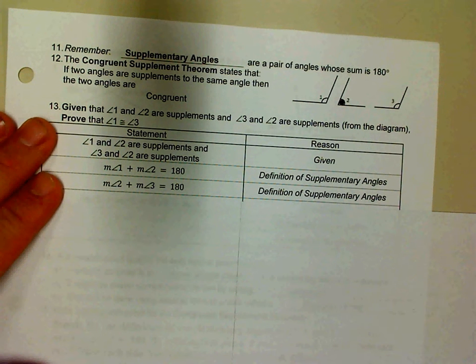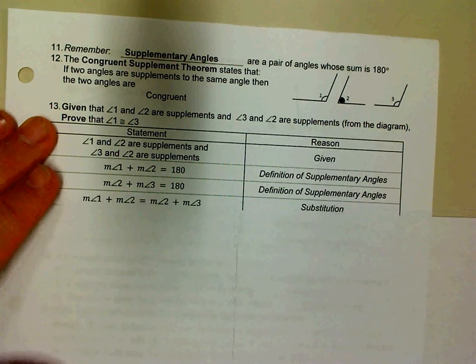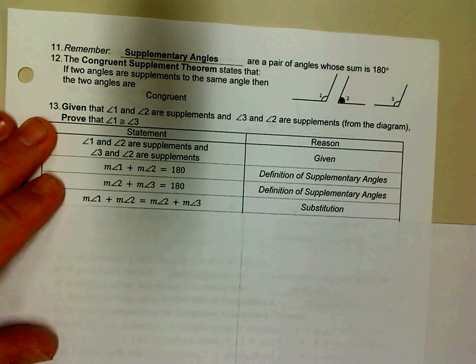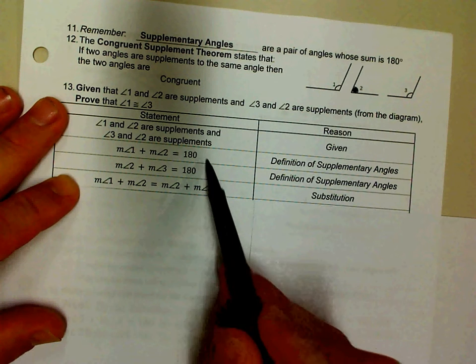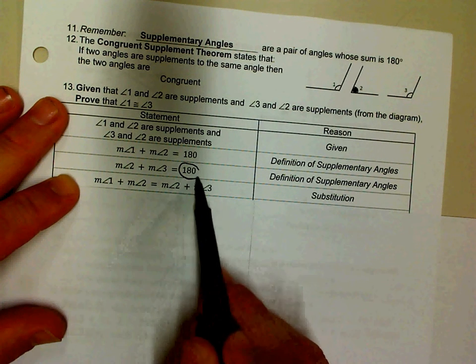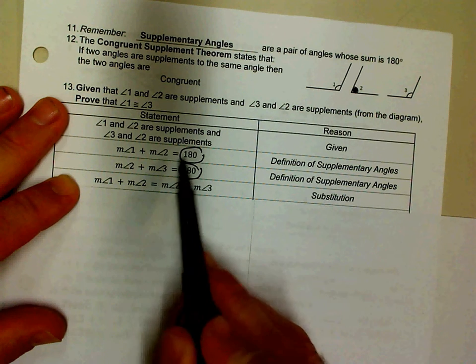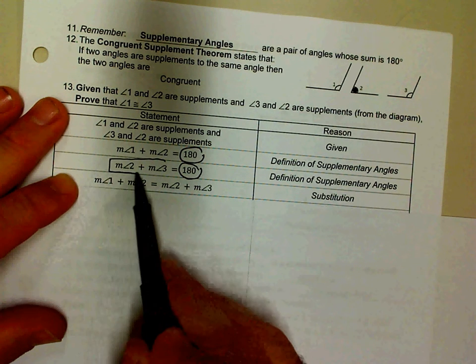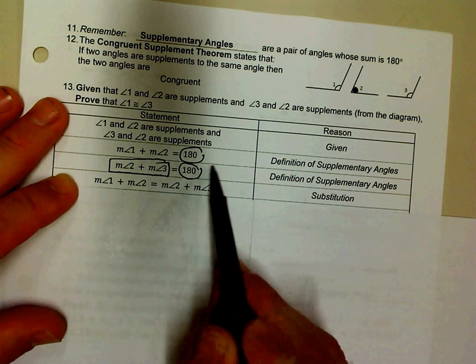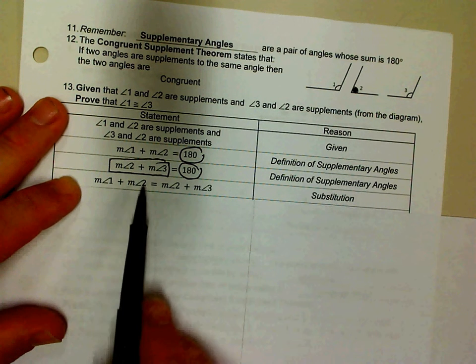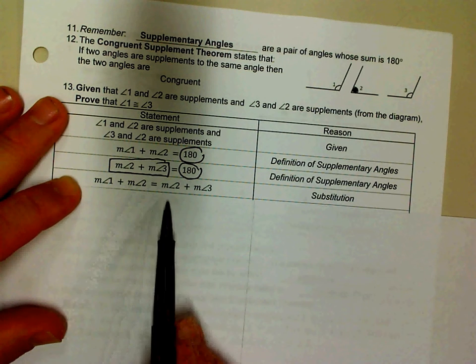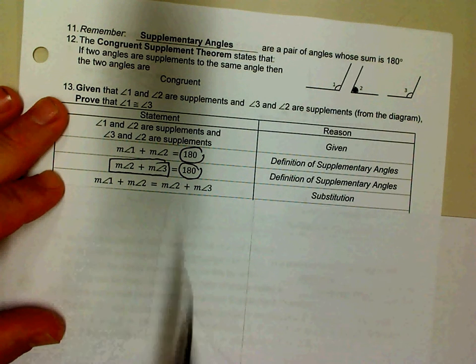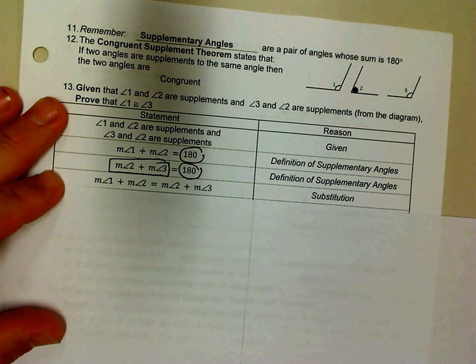And this is looking very similar to the last one we did, because the same reason, I won't go over this again, but it's either the transitive property or taking this 180 and substituting in what it is equal to and replacing 180 with the measure of angle 2 plus the measure of angle 3 gives us this equation. And the rest is exactly like we did before.